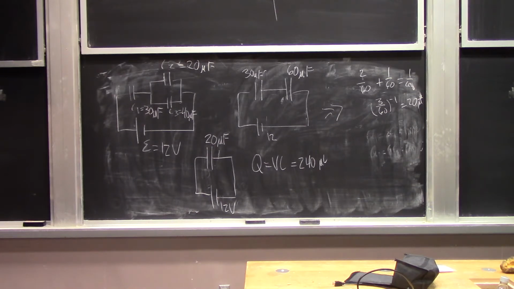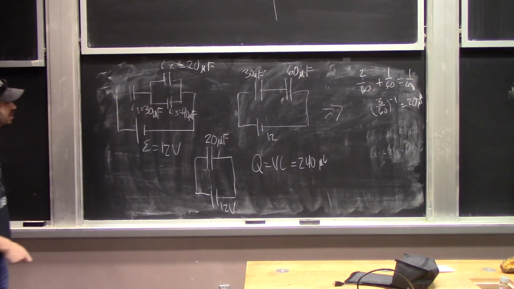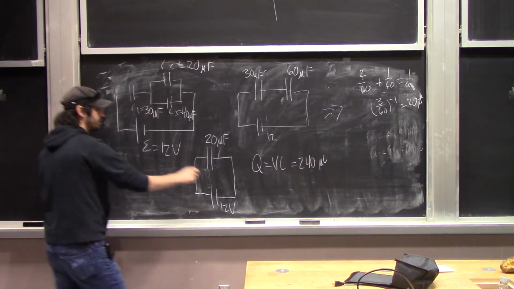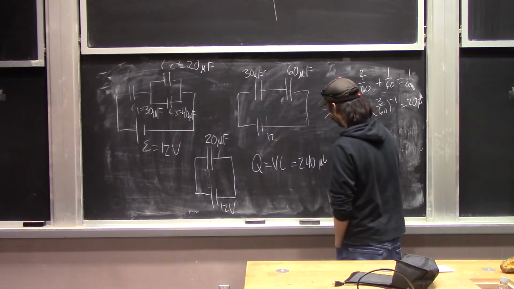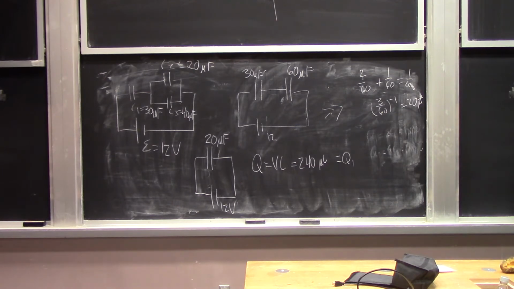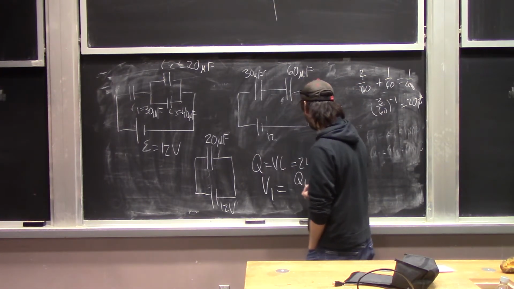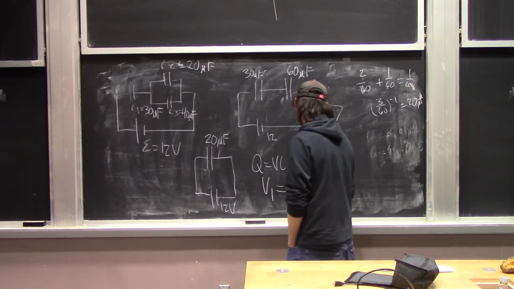So now that we know this is the charge on the equivalent capacitor, that's going to be the same as the charge on C1. So we know that Q1 is going to be equal to 240. Now the next thing that we can do is find the voltage across C1, because that voltage, V1, is going to be equal to the charge on the capacitor, Q1, divided by C1.